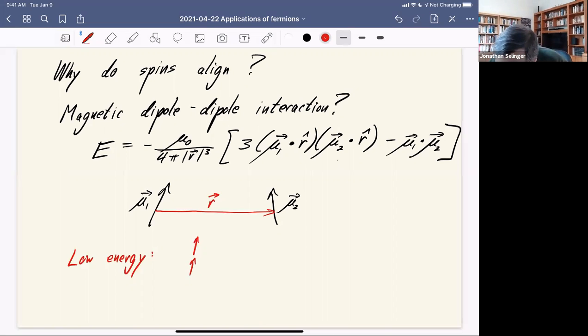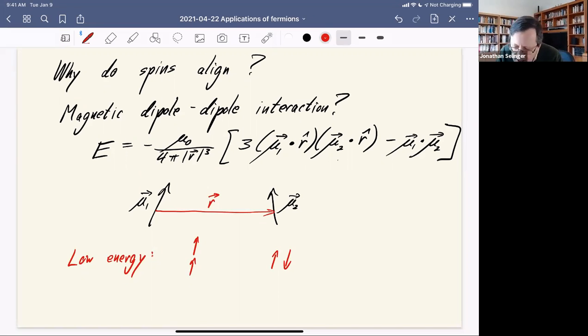And you also get a low energy if they are anti-parallel to each other side by side, like that. So it's not the case that this dipole-dipole interaction favors parallel or it favors anti-parallel. It favors both of those things depending on the relative positions of the dipoles.